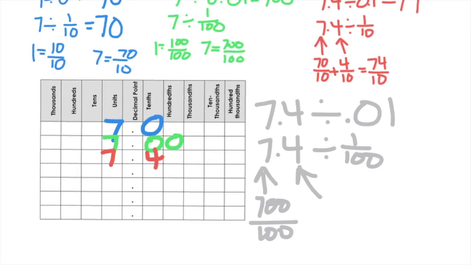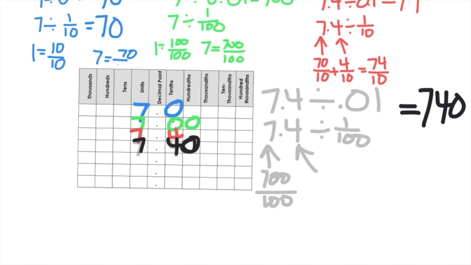Let's try it on our place value chart. 7 and 4/10. I'm not in the hundredths place yet. I'm still in the tenths place, so I'm going to add a 0, which will not change my number. So now it's 7 and 4/10, but I added a 0 to make it to the hundredths place. If I ignore the decimal and say my number, it says 740 hundredths. So over here, 7.4 divided by hundredths, that's going to give me 740 hundredths.